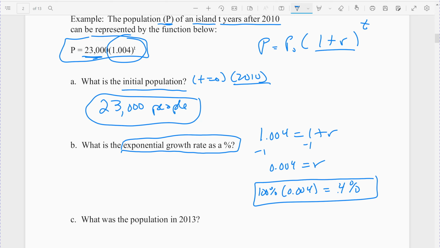So it's growing by 0.4%. It's a very small rate of growth, which makes sense, since populations don't typically grow really fast over time.